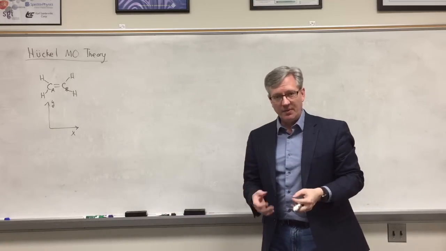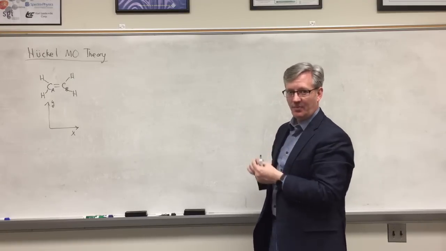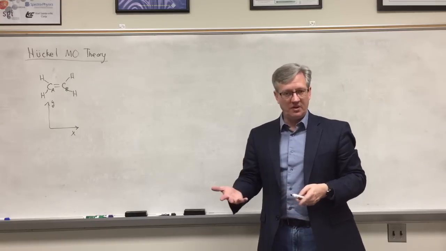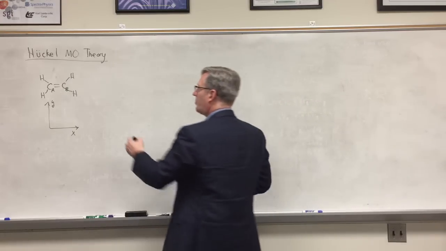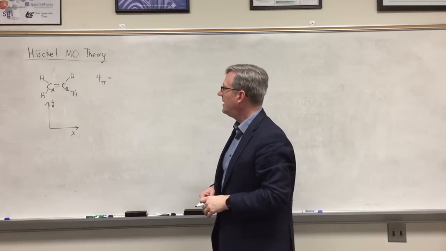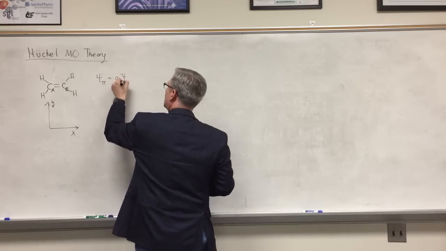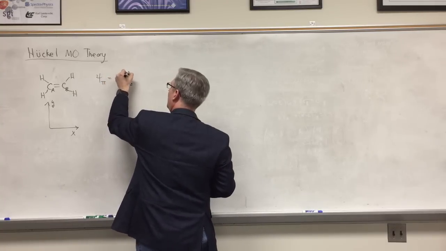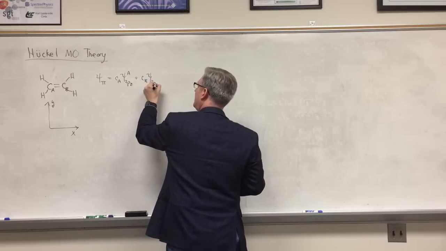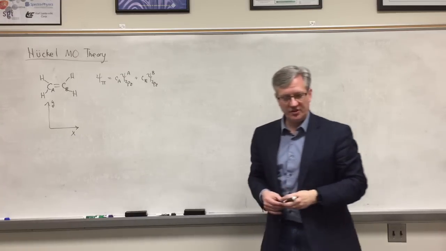I want to use Huckel MO theory to focus specifically on those two pz-type orbitals and their side-to-side or pi-type interaction. So in the spirit of LCAO-MO theory, I'm going to write that pi-type MO, psi sub pi we'll call it, as a linear combination of the psi 2pz orbital on A plus the psi 2pz orbital on B. And I have yet to determine what the coefficients are.